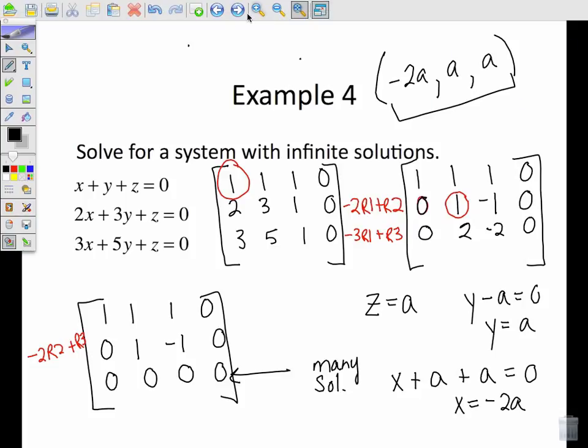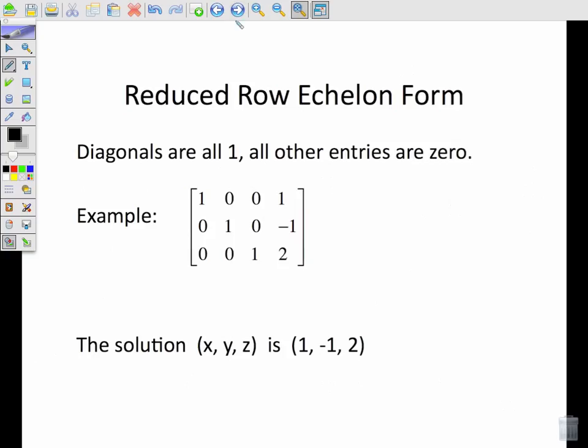All right, the last thing that we're going to look at here is something called reduced row echelon form. Reduced row echelon form is when all of your diagonals right here are 1, and all other elements outside of these are 0.